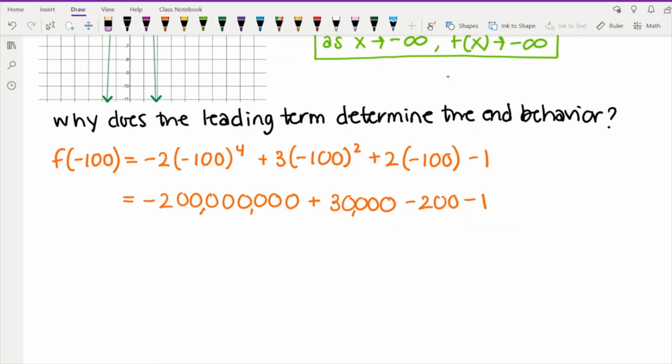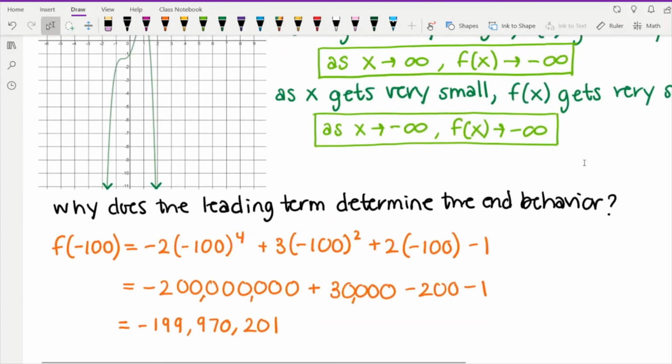However, this number has so many more zeros than the rest of it that it's really this part that's going to control the outcome. And so if you add all of these up, you should get, if I did this correctly, negative 199,970,201. So basically what we can see is that we get a very, very negative result, right?